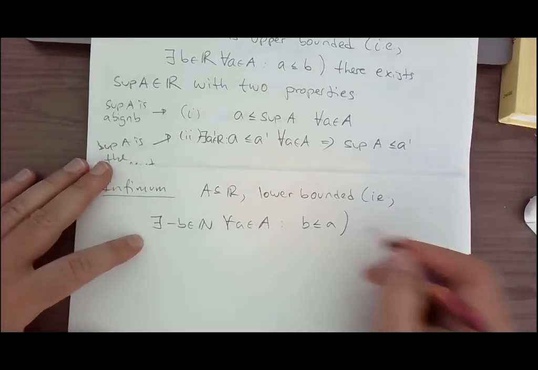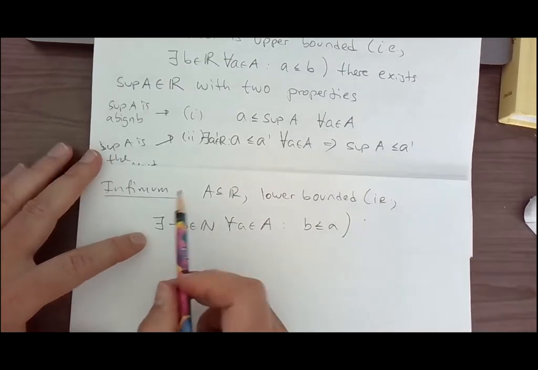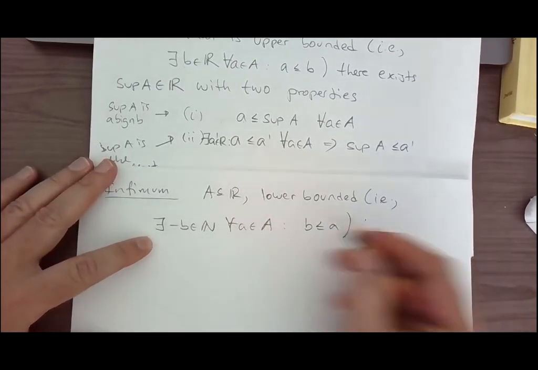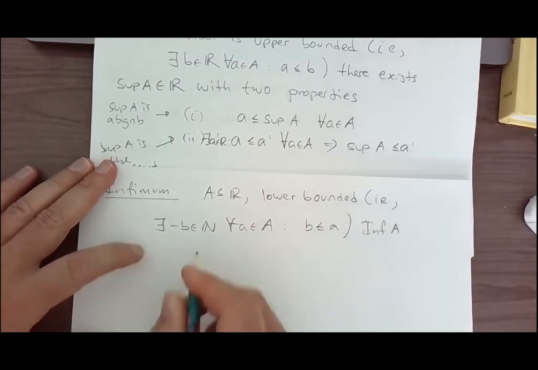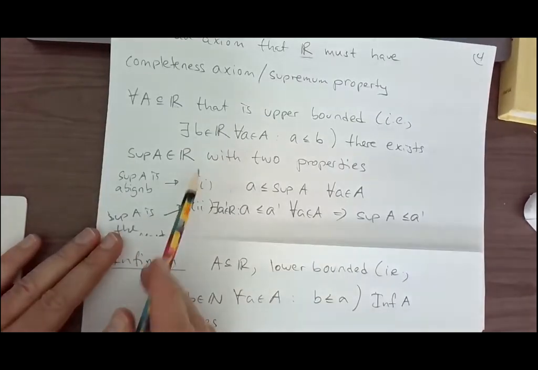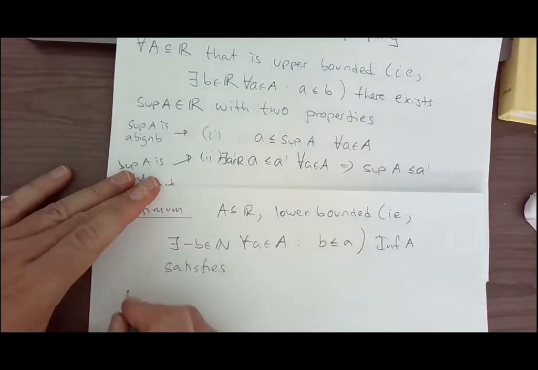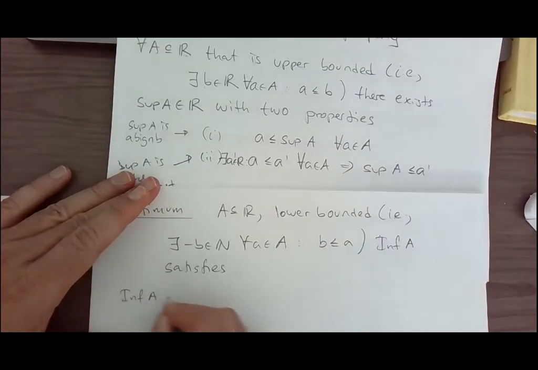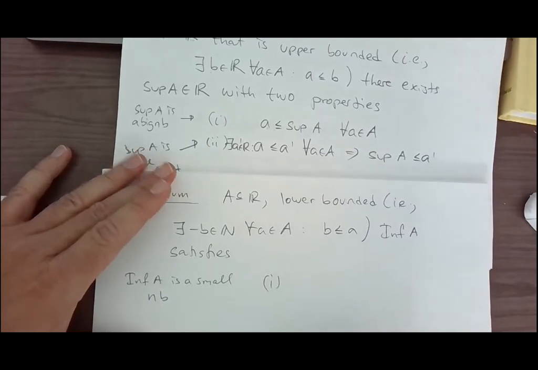Then there exists the infimum. This is denoted by inf of A. So you take this set, then inf of A satisfies the two properties up here, just adjusted a little bit. The first one is that inf is a small number.